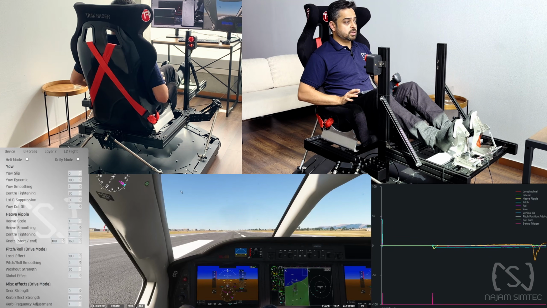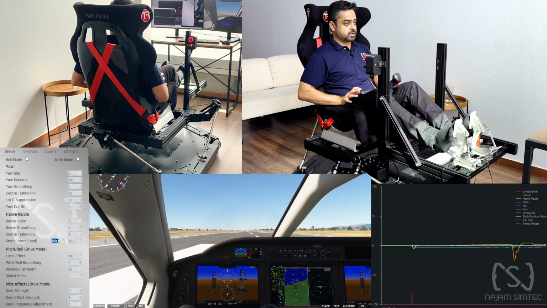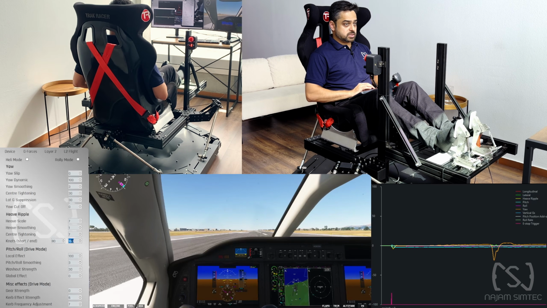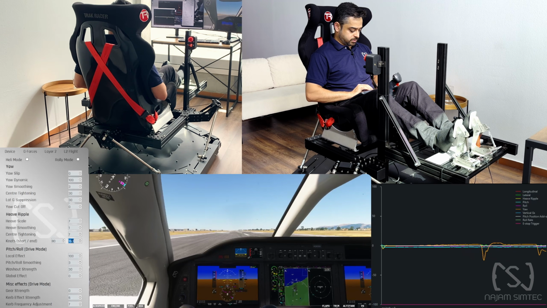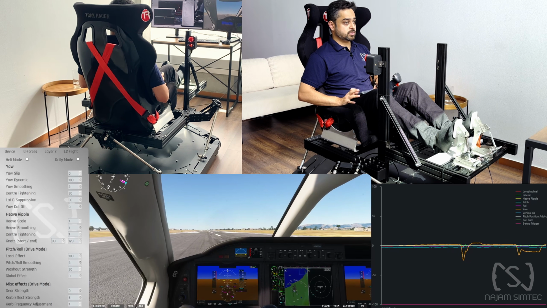I'll actually change this a bit lower because I want it to blend out faster. Still getting all of those road effects, but I would like to blend this out, let's say 120 knots. I want the heave effects to come down to 0.